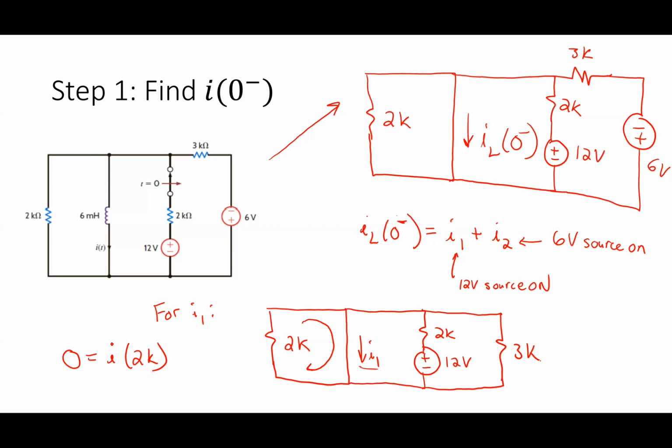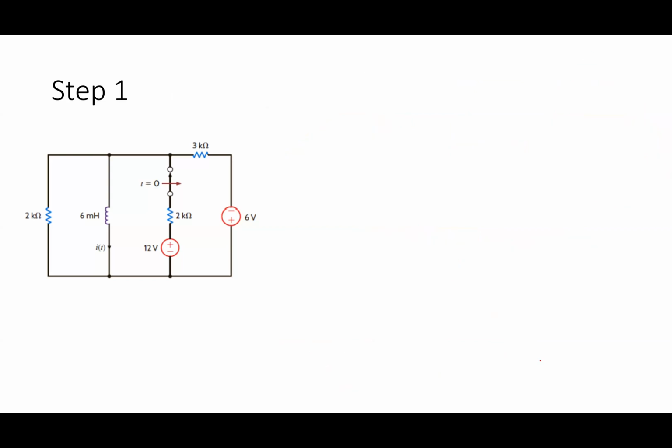Okay. So what that all simplifies down to is this circuit that looks like this. 2K and my 12 volts like that. And I can solve. All right. Now, to solve this guy, I don't need to be too careful.